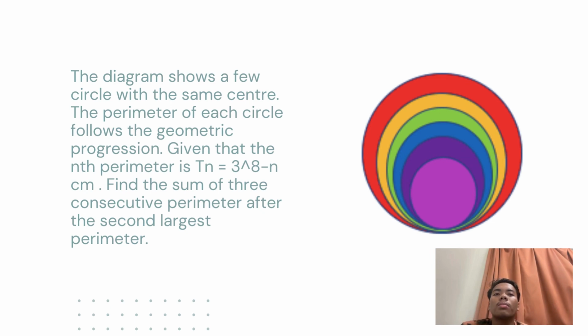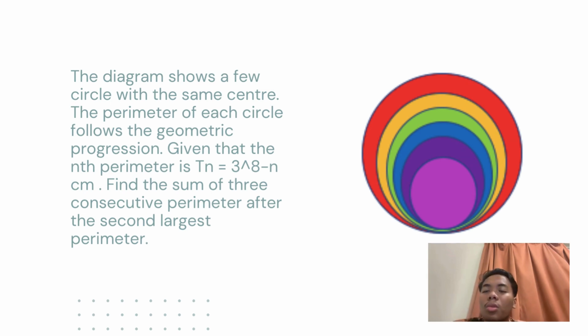Then to find the sum, we add the 3 perimeters of each color. So let's solve this question together. We need to search the perimeter of these 3 colors first.